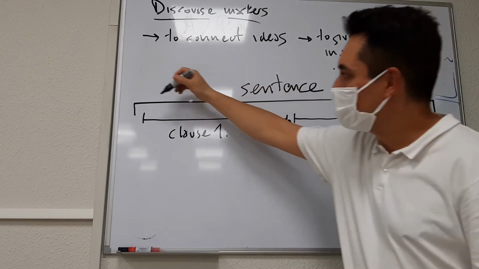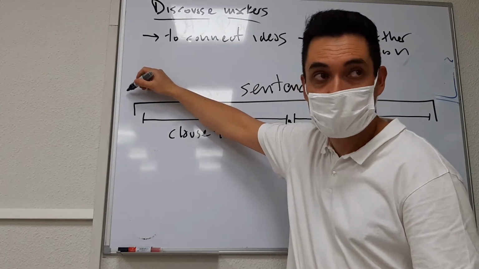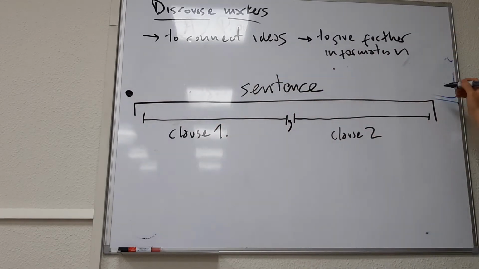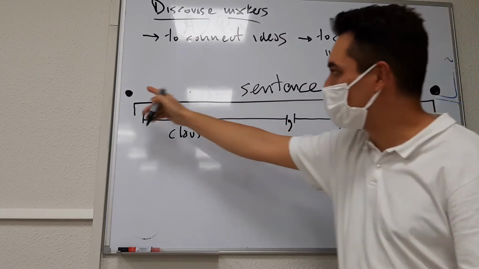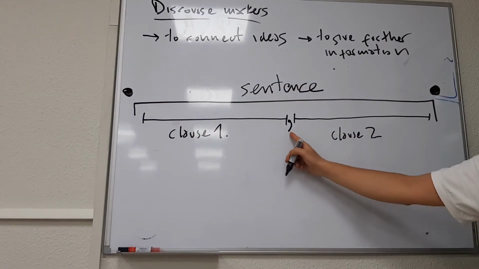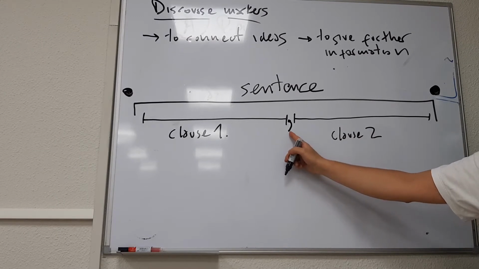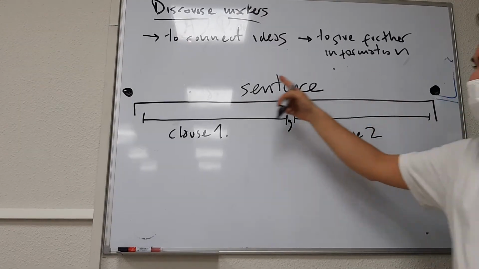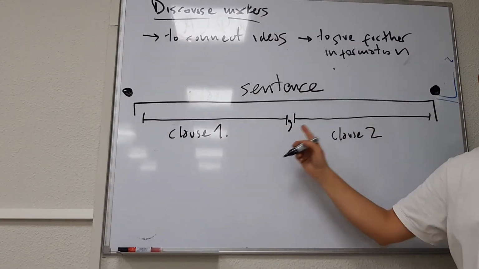A sentence is at the beginning of a text or after a full stop, and then it finishes with a full stop. That is a sentence. A clause and another clause are divided by a comma. That is the difference between sentence and clauses. Yeah, sentence, full stops, clause, commas.